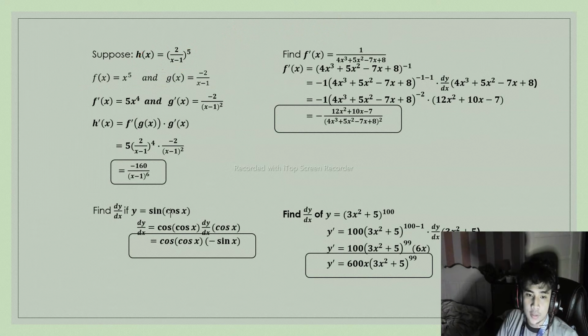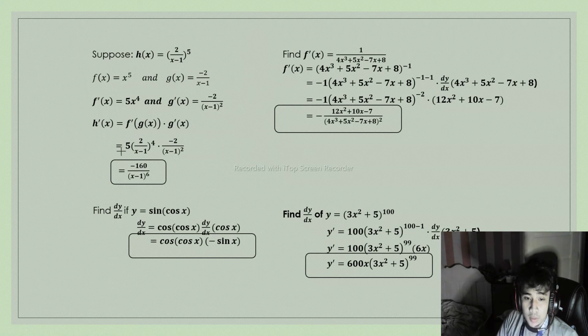Ayan na yung kinalabasan ng functions na to. Tapos, hanapin na lang natin derivative ng magkabilang ng dalawang functions. Ang derivative ng x raised to 5 ay 5x raised to 4. And derivative ng g of x ay negative 2 over x minus 1 raised to 2.